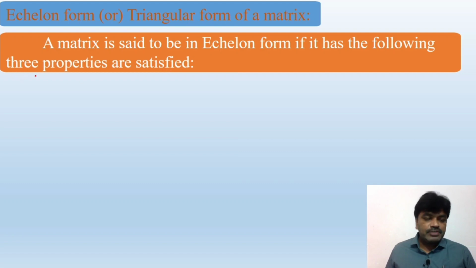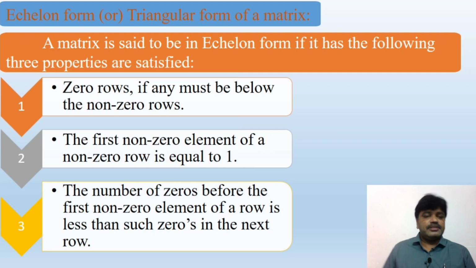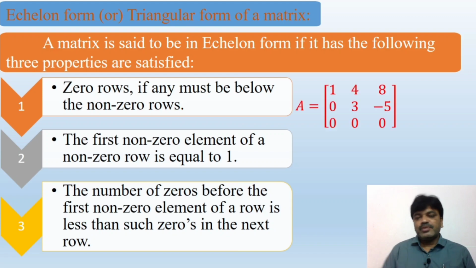Let us see the first one: zero rows, if any, must be below the non-zero rows. We understand through an example. Let A be equal to 1 4 8, 0 3 minus 5, 0 0 0.